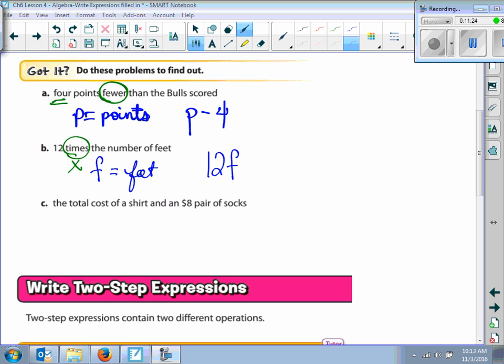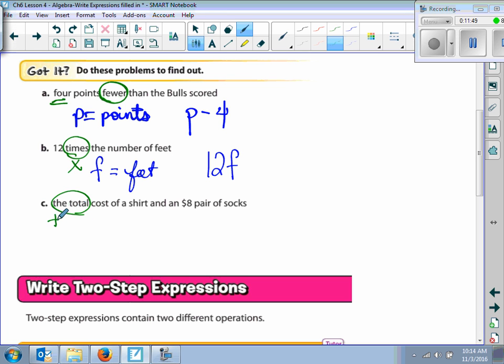All right, letter C says the total cost of a shirt and 8 pairs of socks. What's the word that tells me the operation here? Total tells me what operation? Adding. Very good.